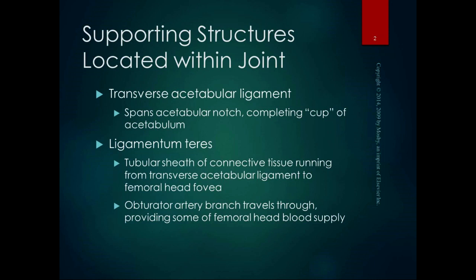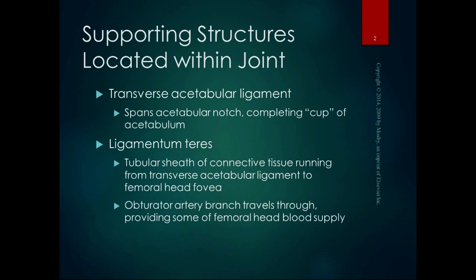The ligamentum teres is a tubular sheath of connective tissue that runs from the transverse acetabular ligament to the femoral head fovea. So it's basically the connective tissue attachment from the head of the femur to the acetabulum. And there's a branch of the obturator artery that travels through, which provides some of the femoral head blood supply.